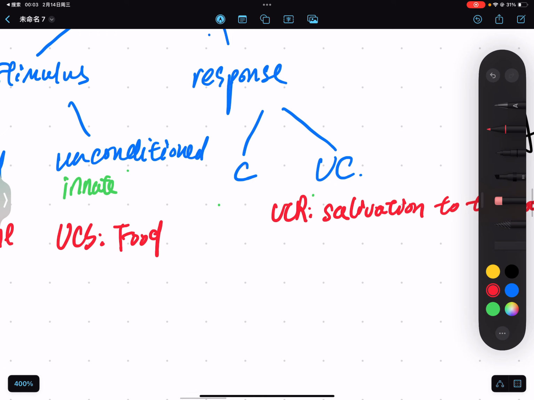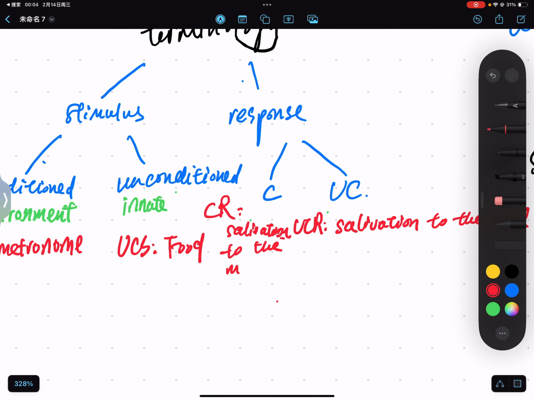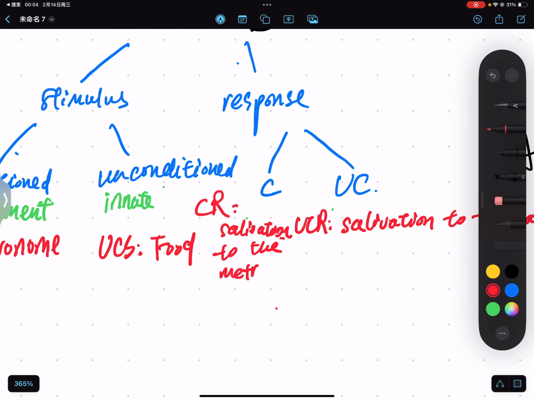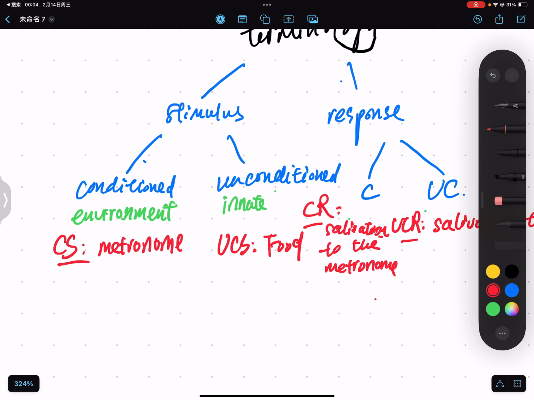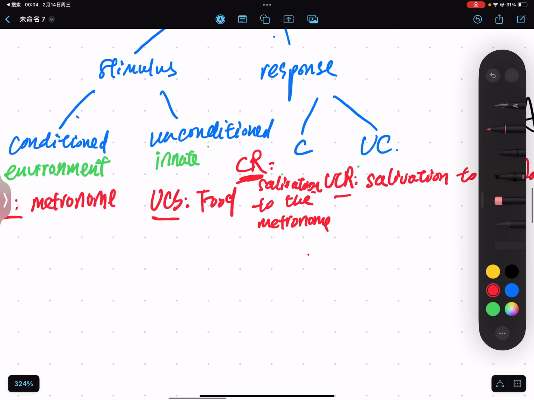And for the conditioned response, it will be the salivation to the metronome, right? This is learned from the environment.